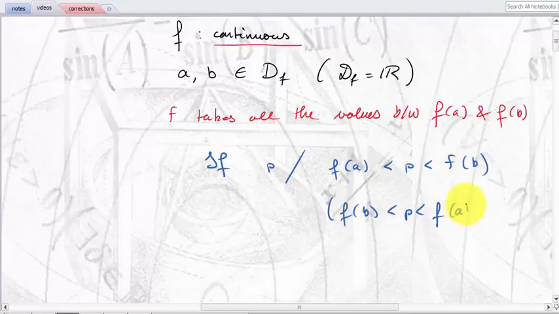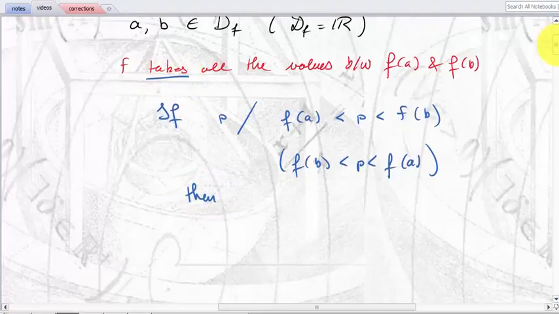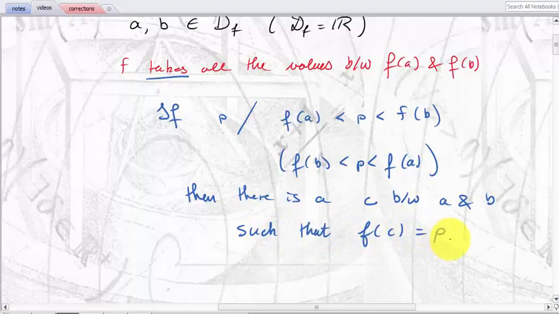It could also be in this order. Then there is a c between a and b, such that f of c is equal to p.